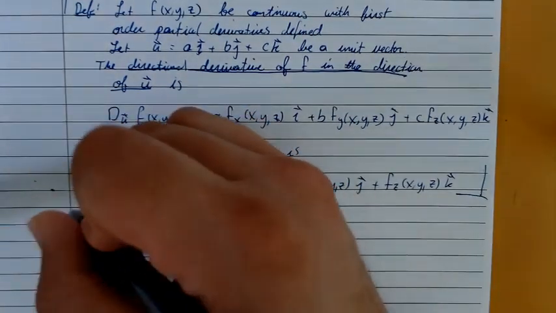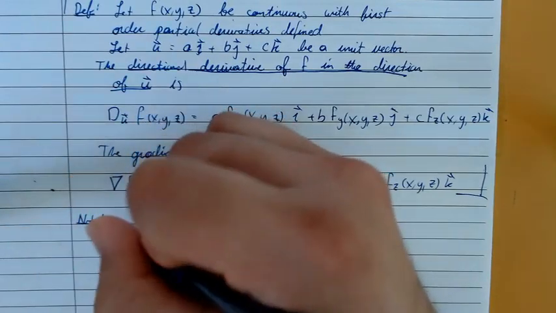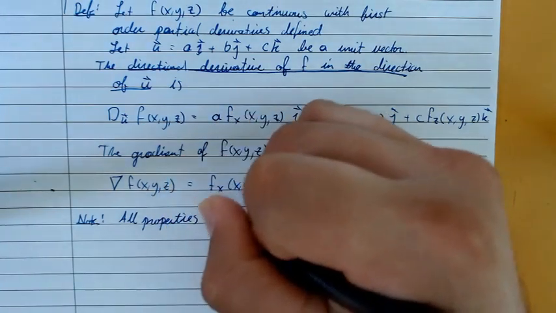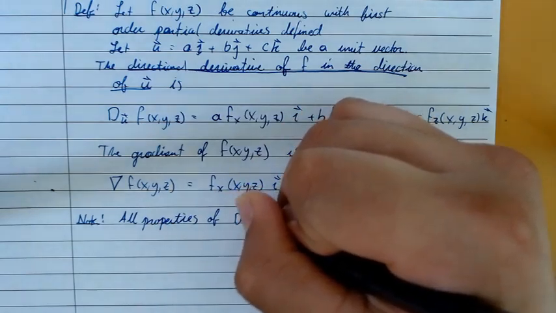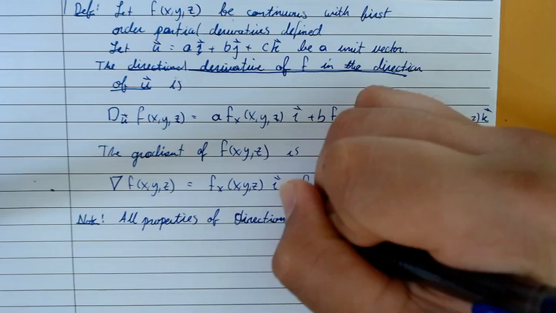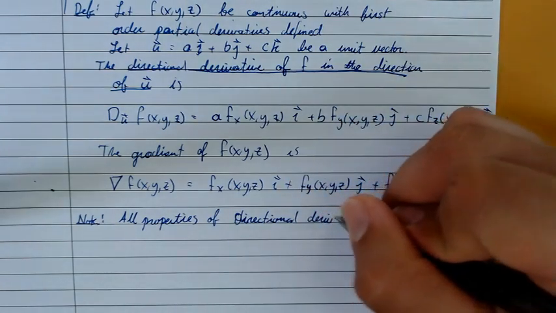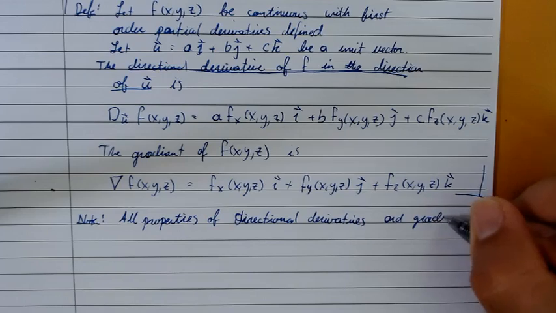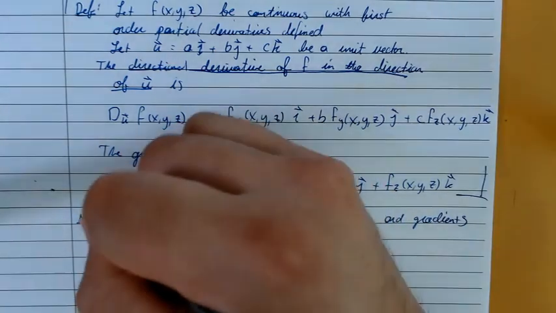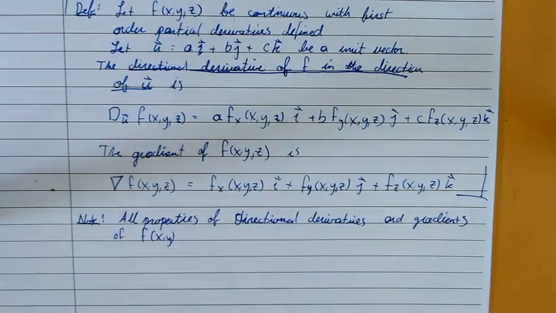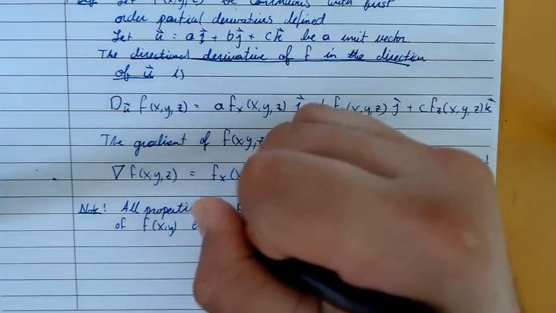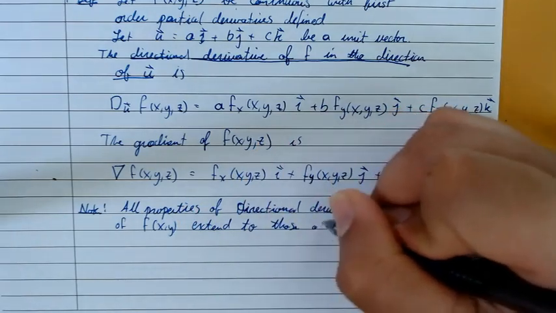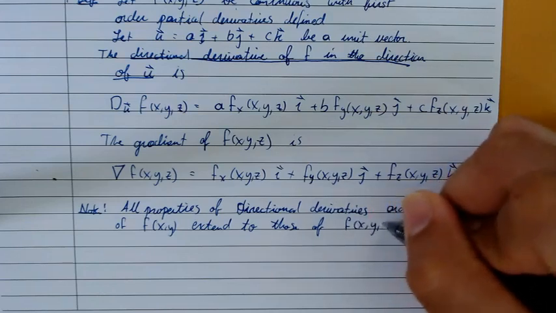Note all properties here continue to be true. Note all properties of directional derivatives and the gradient of a function of two variables, of a function whose domain is in the plane, extend to those of a function of three variables, f of x comma y comma z.